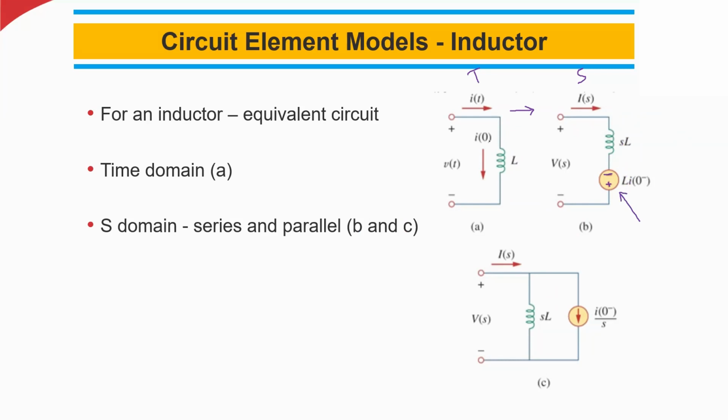This is the time domain representation of the inductor, and this is the frequency domain representation. So SL, L times I of 0 minus, and the voltage V of t is capital V of S, and current I of t is capital I of S.